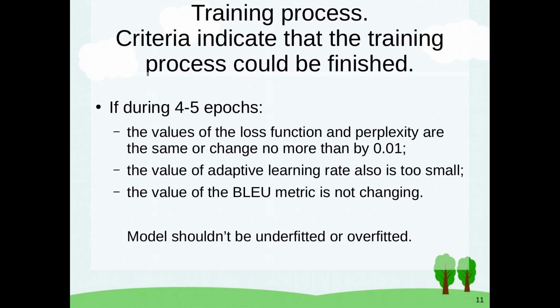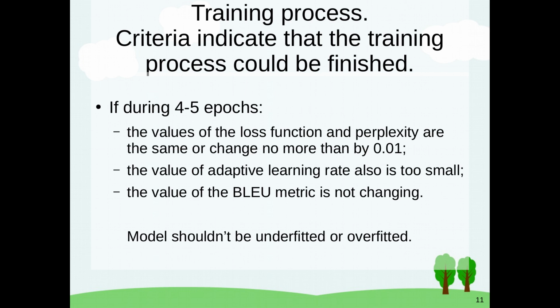If during 4 or 5 epochs the values of the loss function and perplexity are the same or change no more than by 0.01, the value of the adaptive learning rate is also too small, and the value of the BLEU metric is not changing, we will finish training of our model.